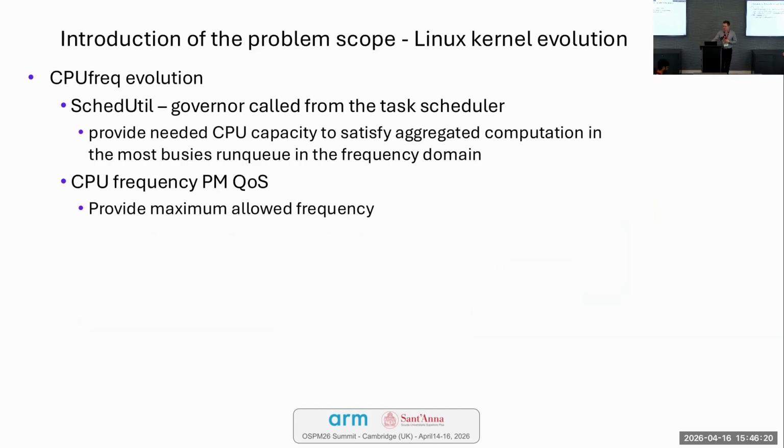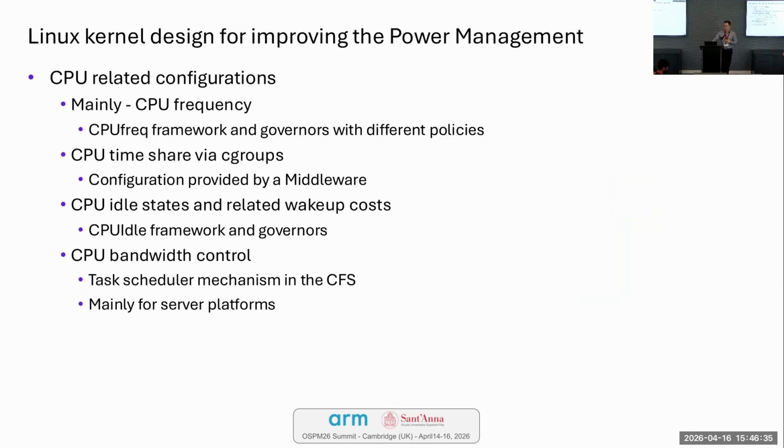Yeah, I will probably fast forward to that slide. So that's the evolution we discussed. There is also the CPU frequency PM/QoS where you can ask for some minimum provided capacity. That works quite well. Those improvements mainly came through discussions oriented mainly about the CPU frequency.